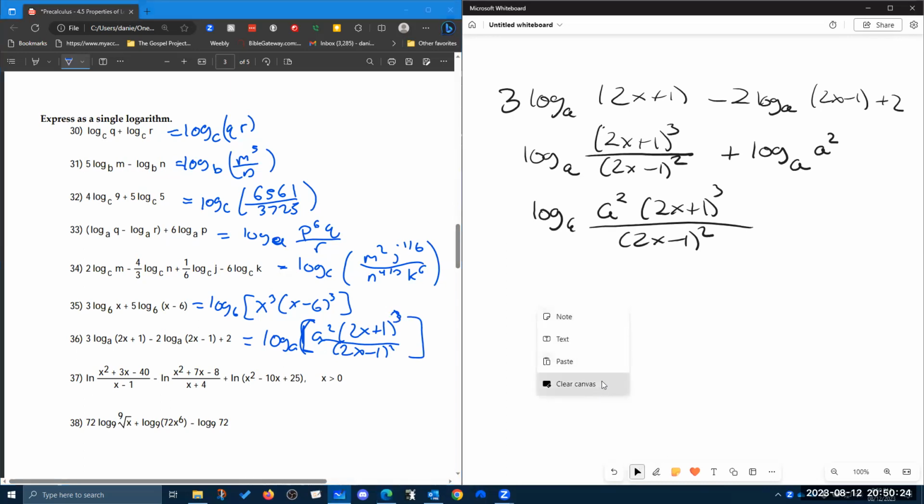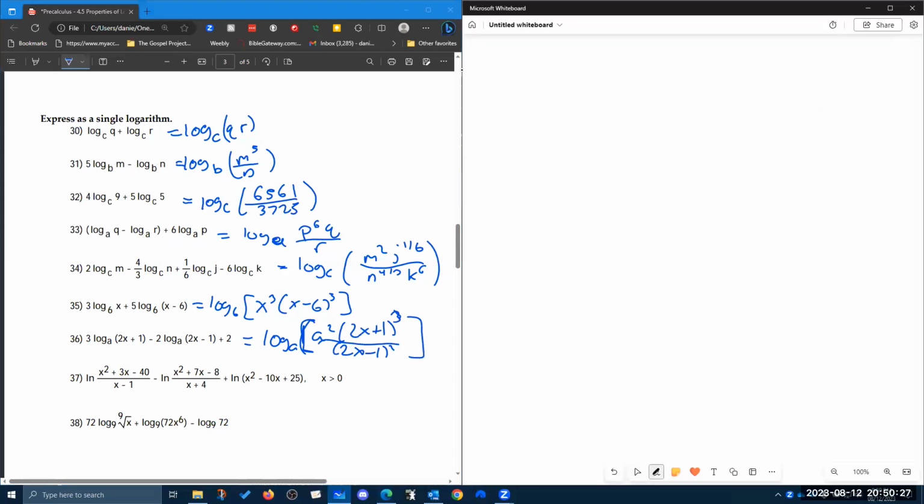Now we have ln of x squared plus 3x minus 40 over x minus 1, minus ln of x squared plus 7x minus 8 over x plus 4, plus ln of x squared minus 10x plus 25.